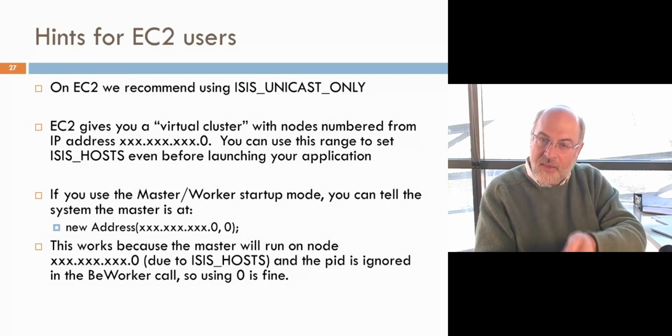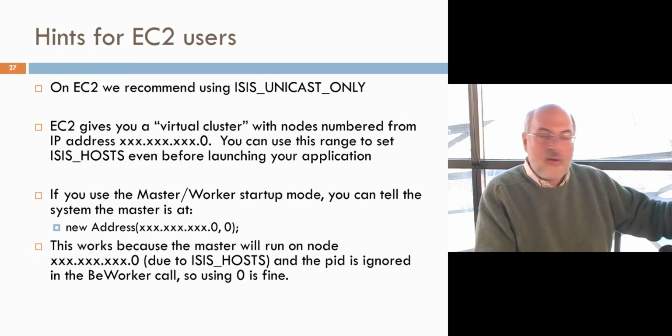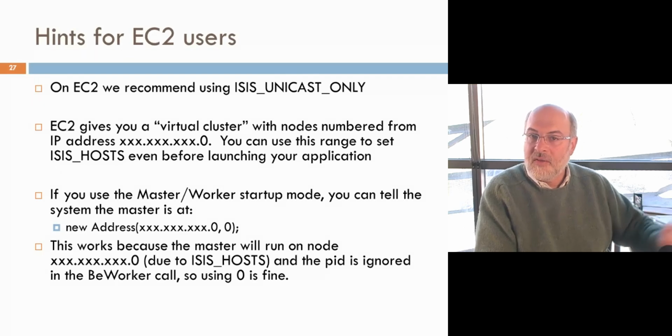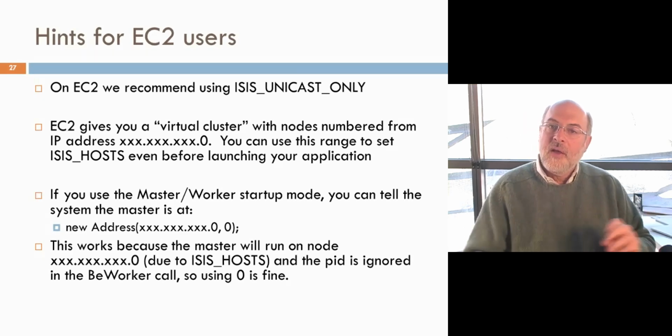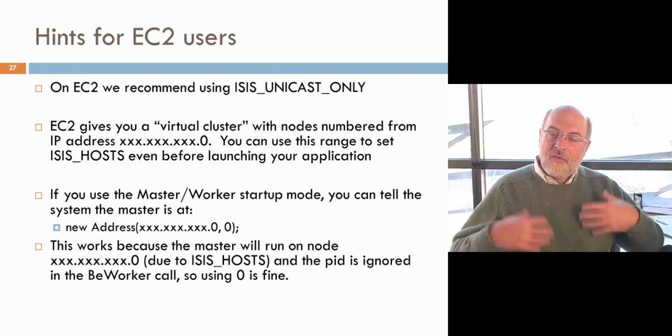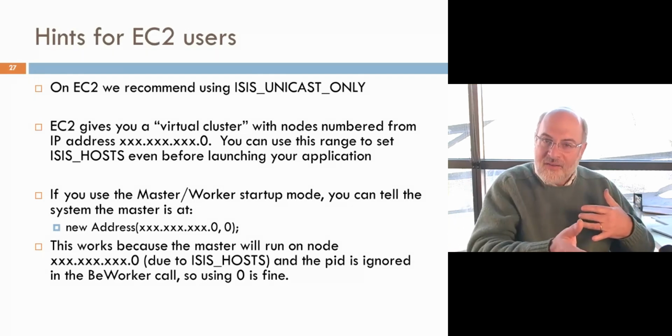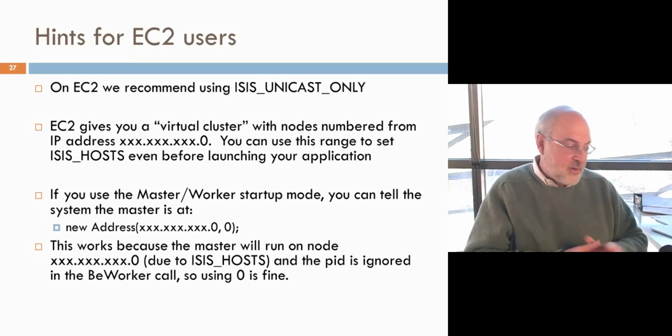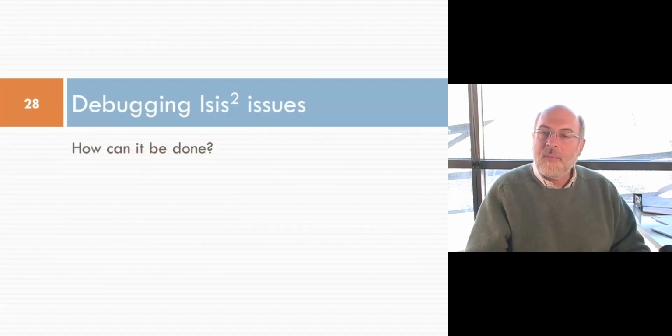Run the master on that node, and then use 0 as its process ID in the ISIS address. And this will work beautifully and gives you a very simple way to figure out who the master is on EC2 in master worker mode. And there's a write-up about that in the ISIS manual, by the way.